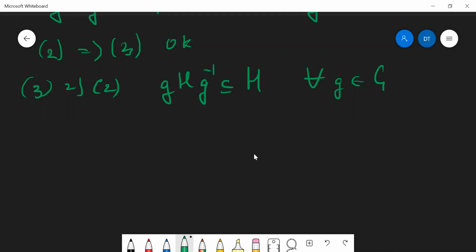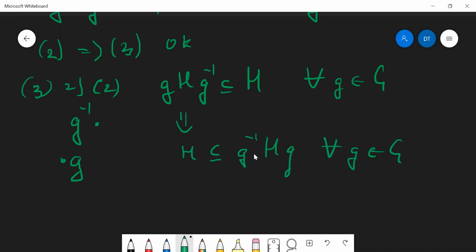Yes, you're right. So let's multiply on the left by g inverse and on the right by g. I'll do it in one step. Then you will get that H is a subset of g inverse Hg, for any element g in G.